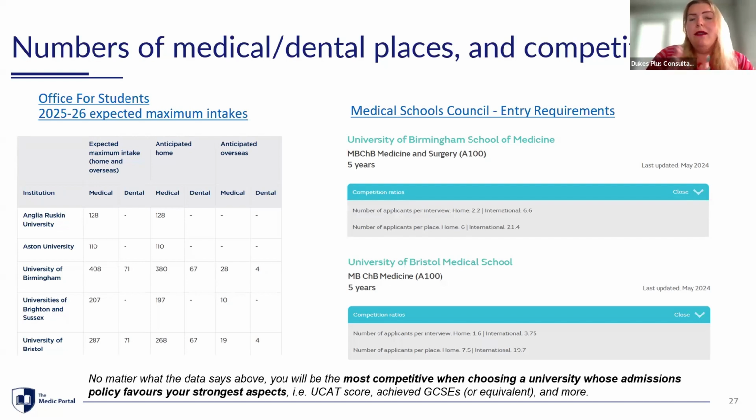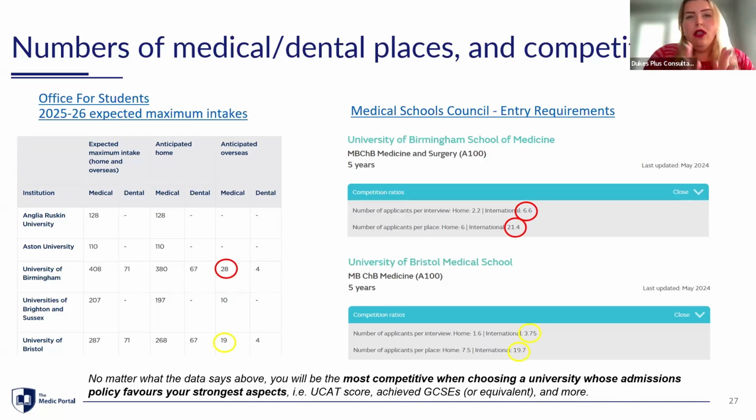And then alongside that, I invite you to have a look at the Medical Schools Council document for entry requirements, because you might look at the Office for Students data and think, oh my gosh, there are only 19 spaces available for Bristol versus 28 for Birmingham, for example. But if you look at the ratios from the Medical Schools Council, you'll see that the number of applications to place or applications to interview also differ by the university.